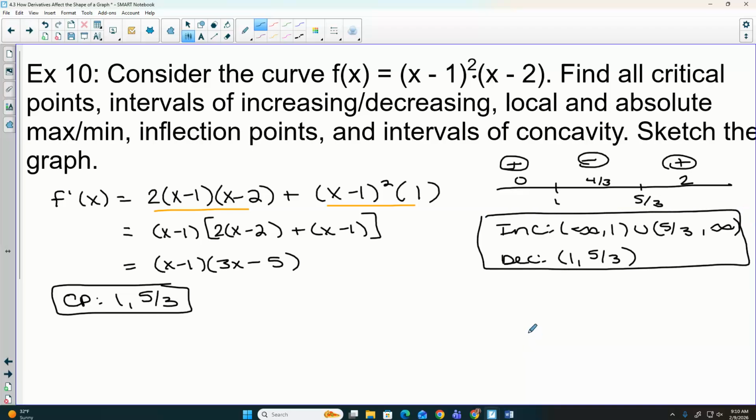All right, max and min. If you go from increasing to decreasing, what does that mean? You have a local max or local min. So we have the local max at 1 and the local min at 5/3.